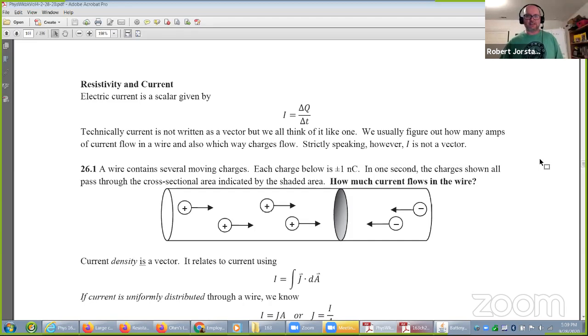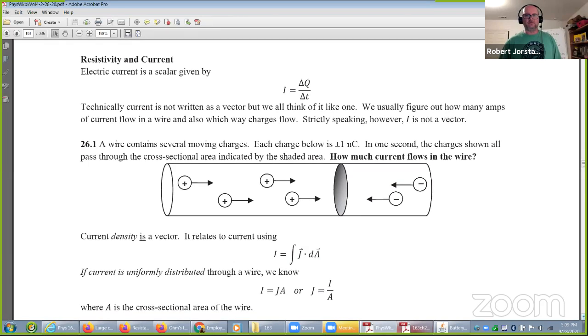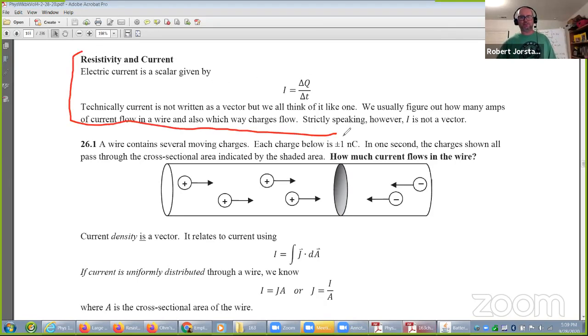So in this case, we have resistivity and current. Now, electric current is one of these really annoying things in physics. I just want you to read this carefully, in particular this line right here: current is not a vector.